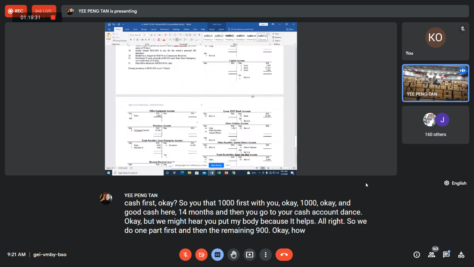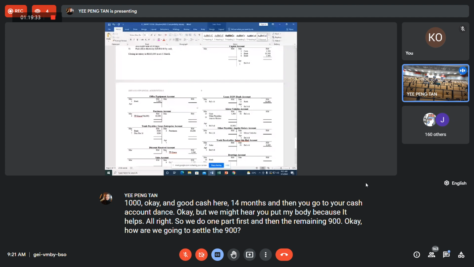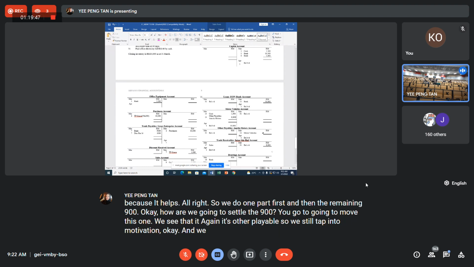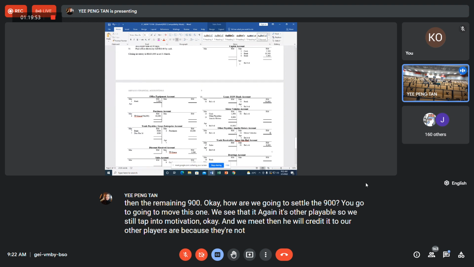All right, so we do one part first, and then the remaining 9,000. How are we going to settle it? You go to owing to Amrita Motors, which is other payables. We still debit motor vehicle 9,000, and then we credit Amrita Motors, the other payables, because we are not buying stock.